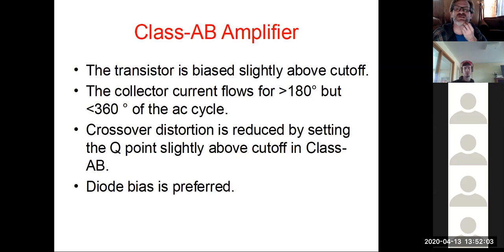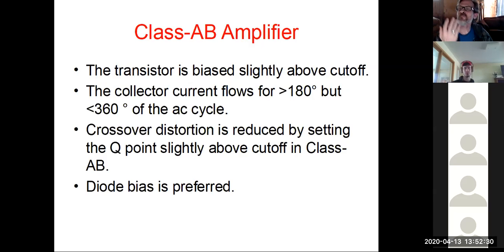So the transistors do have a certain amount of bias to them. Instead of being like with that Class A, where you're more in the middle as your ideal Q point, this one's going to be a lot closer to cutoff. In fact, it's just a hair above, but now we're not going to be operating in cutoff anymore.